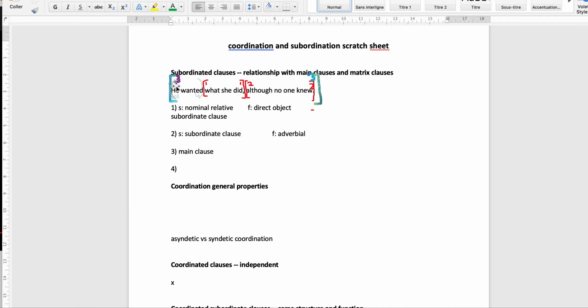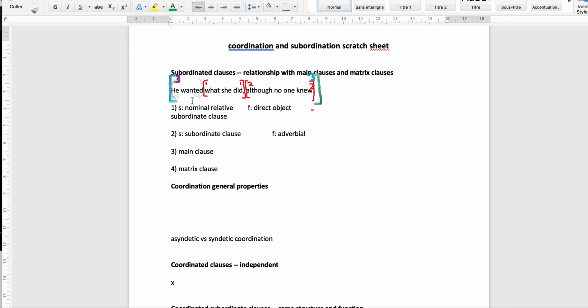On parle de la proposition principale avec les subordonnés. That is what we call the main clause in English. Donc ici, lorsqu'il s'agit juste de tout ce qui ne comprend pas les subordonnés, we're going to call that the matrix clause.